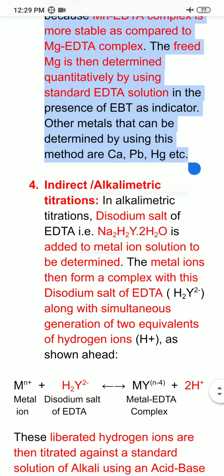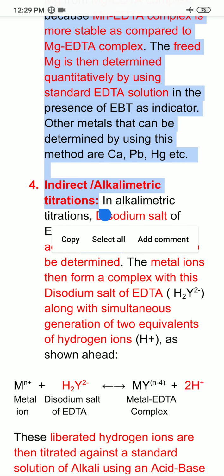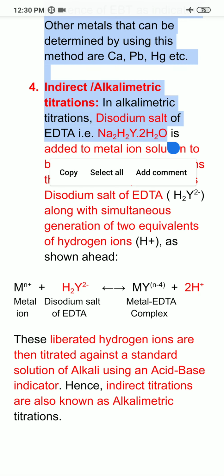And the last type of complexometric titrations or EDTA titrations are indirect titrations or alkalimetric titrations. So in indirect titrations or alkalimetric titrations, we use disodium salt of EDTA, and I have already told you that disodium salt of EDTA is represented by Na2H2Y dihydrate.